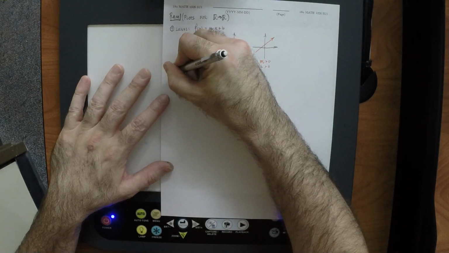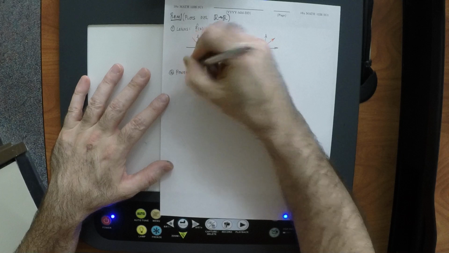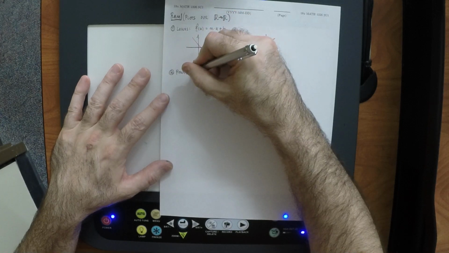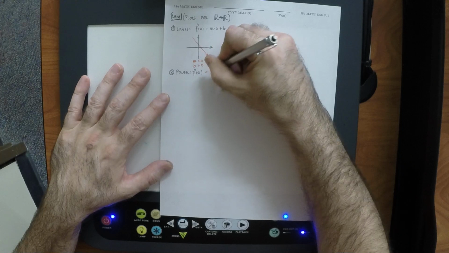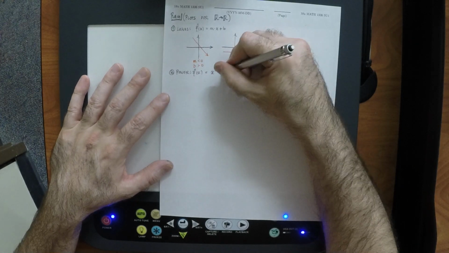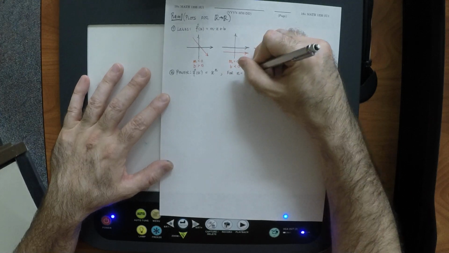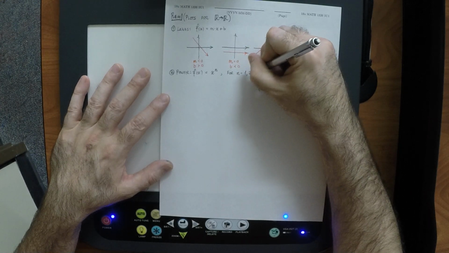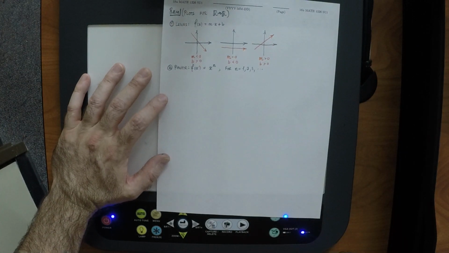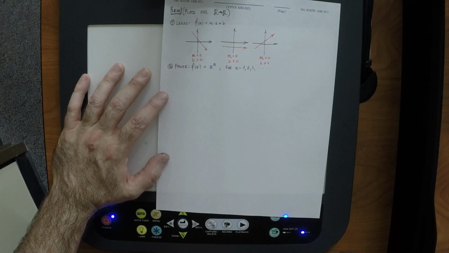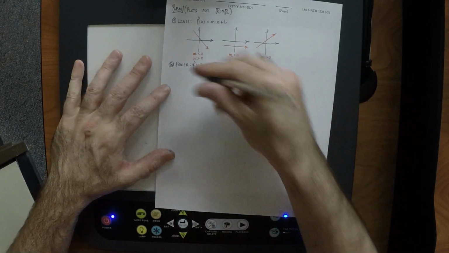We've got the power family of functions. Functions that have this pattern. F of x is x to exponent n for n is 1, 2, 3, and so on. Okay, so I'm going to draw 5 little bitty axes here.